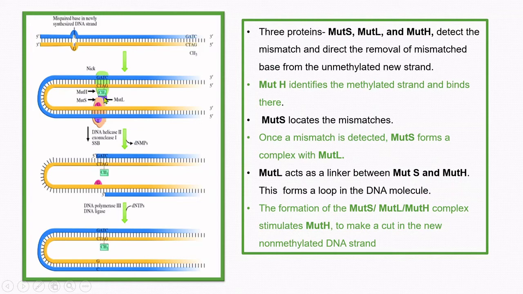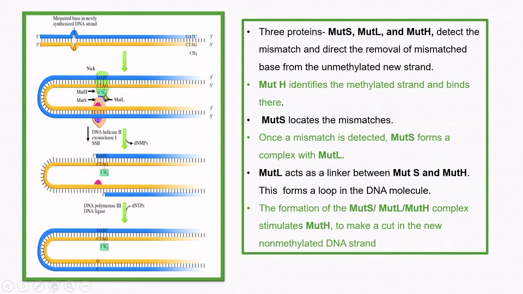You see, MutL acts as a linker between MutS and MutH, and due to this complex formation, the DNA molecule now forms a loop.